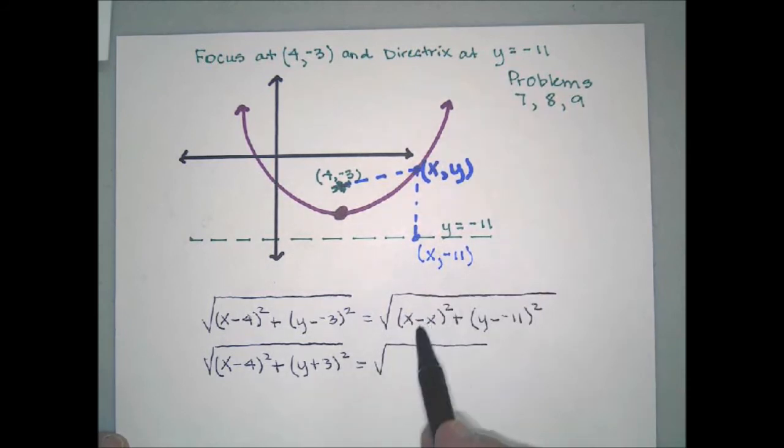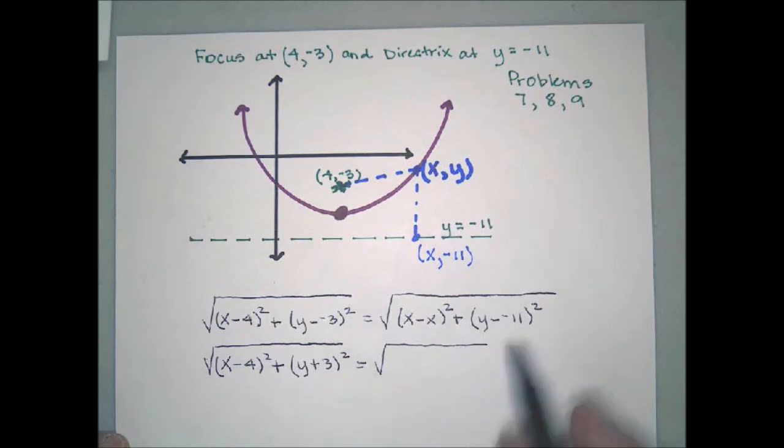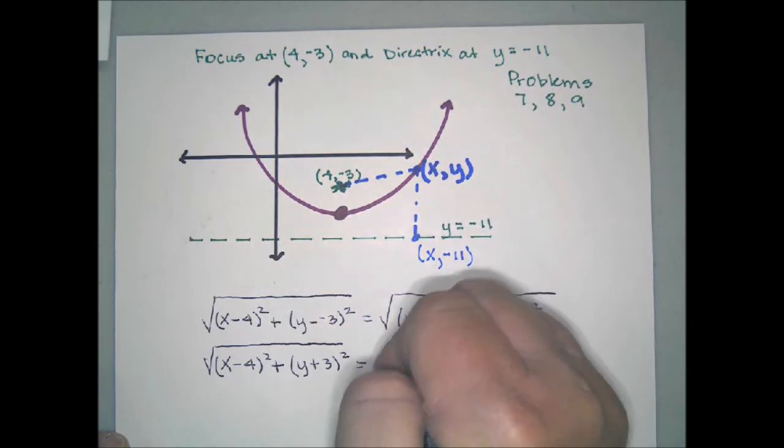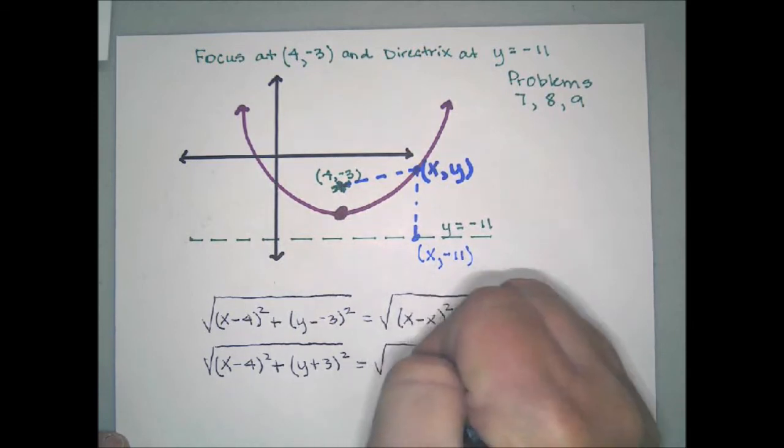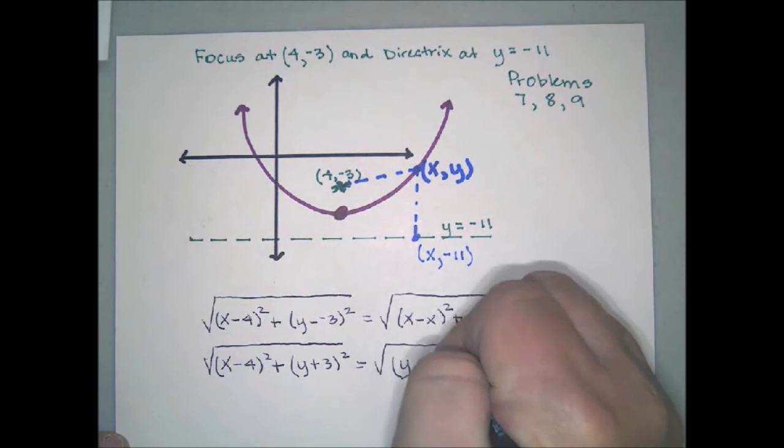And when you square 0, you still get 0. So the only thing I have over here on this side would be y minus negative 11 squared, which is y plus 11 squared.